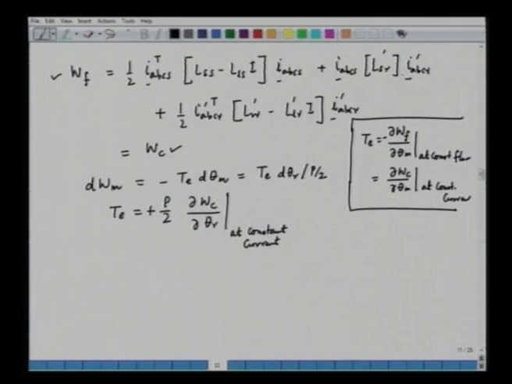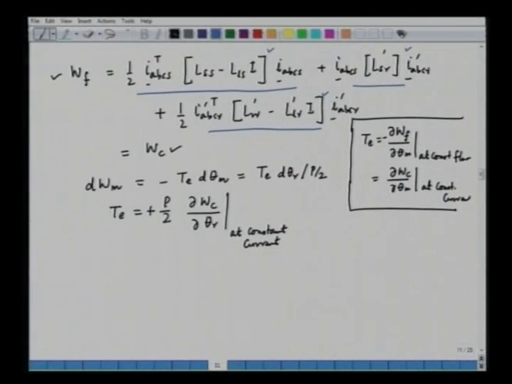Out of these three terms that we have here, one term concerns the stator, this is the rotor, and this is the mutual. In this case, the stator and rotor terms will be independent of theta r, and the mutual term will be a function of theta r. So, we have to differentiate this with respect to theta r to find the torque.